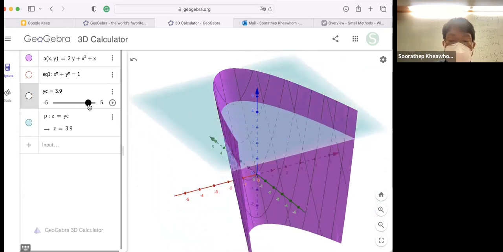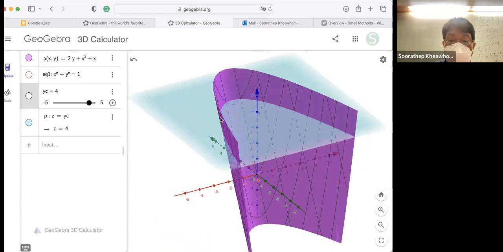Our level set is the intersection between this plane and the surface of the objective function. All the points belonging to this intersection have equal objective function value, right? Because that plane is perpendicular to z, all on the same plane has the same value of objective function.